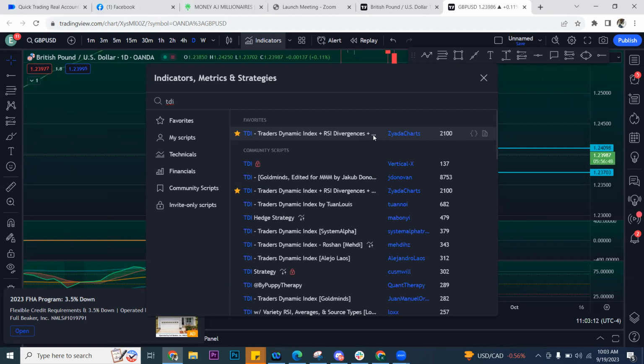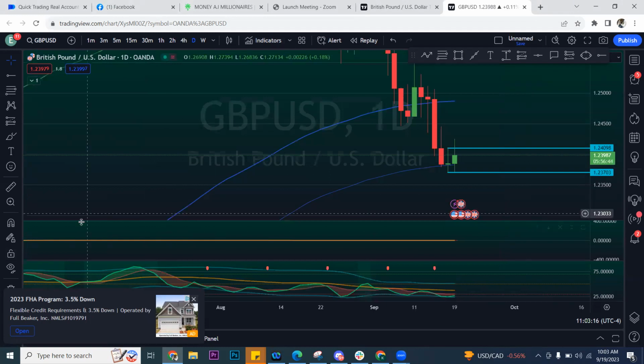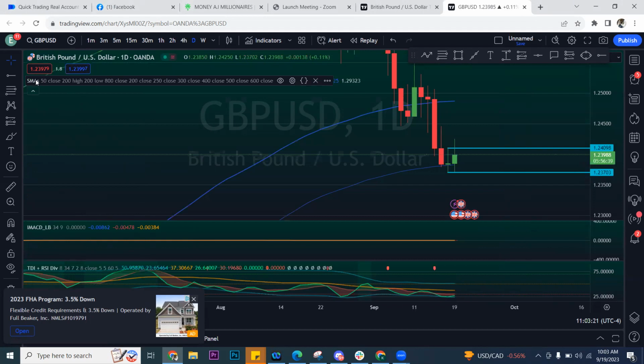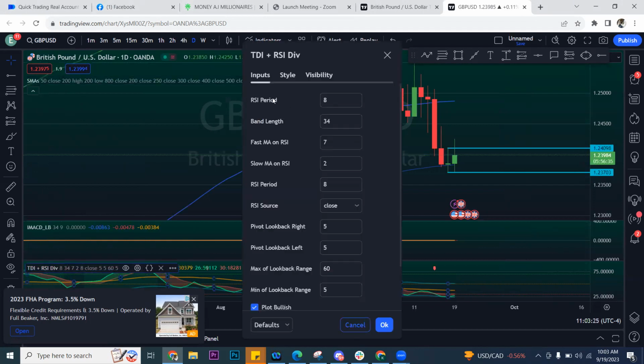Then you go down to the bottom and go to the settings. You're going to change this RSI period to 8, and then you're going to change this RSI period to 8.